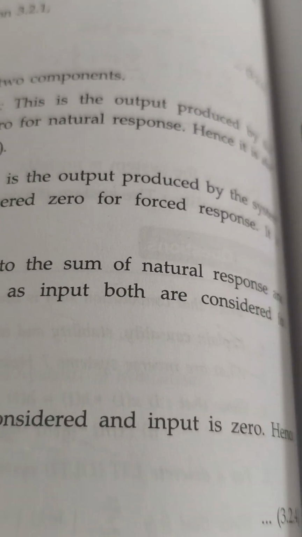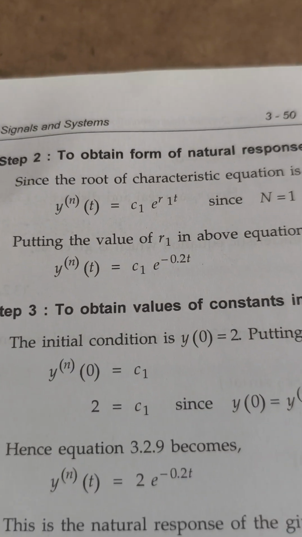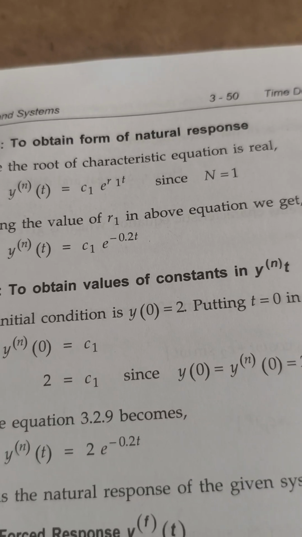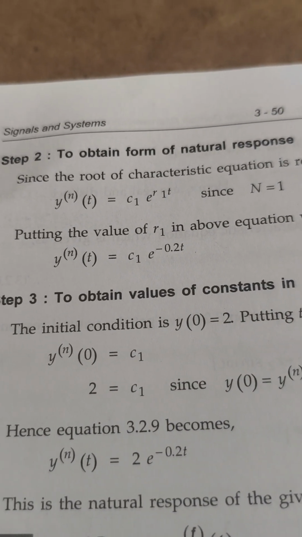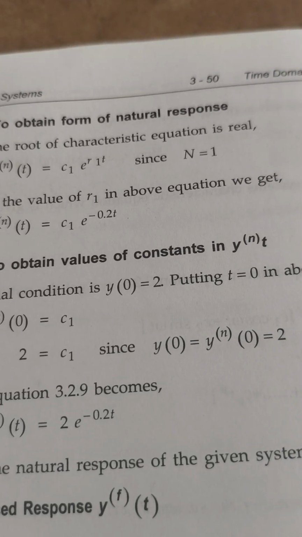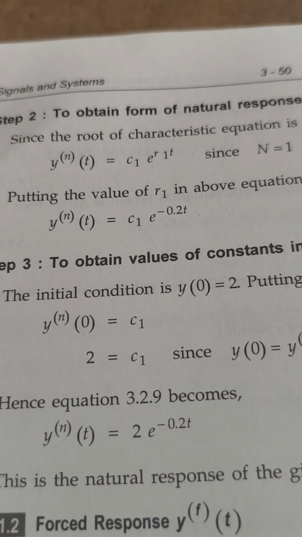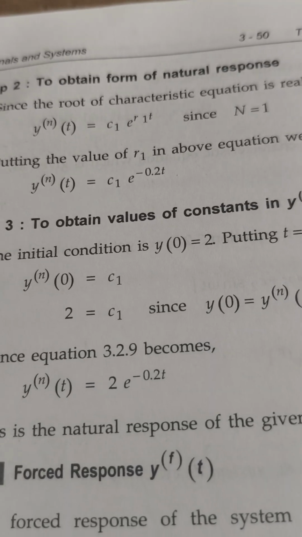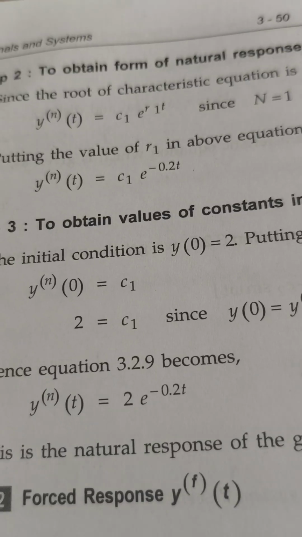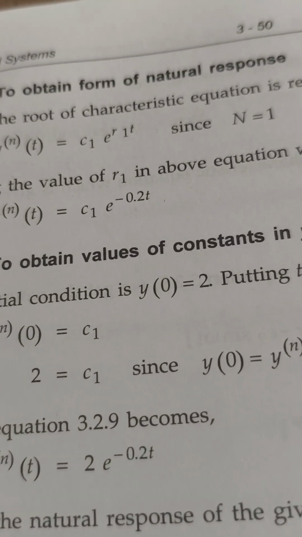Then what is the next step? In the next step, we obtain the form of the natural response. Since the root of the characteristic equation is real, the natural response output is y_n(t) equal to c1 e raised to r1 t.